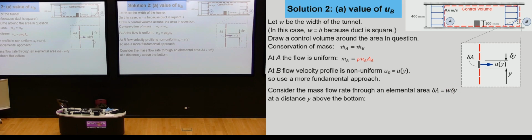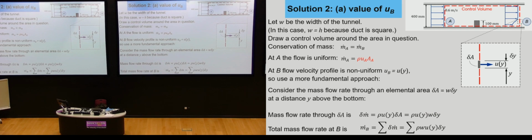So now we can consider the mass flow rate just through that little element. The mass flow rate, delta m dot, is equal to rho times the velocity times the area, exactly as we did here, but now just for the little element. So this becomes rho times u times W times delta y.